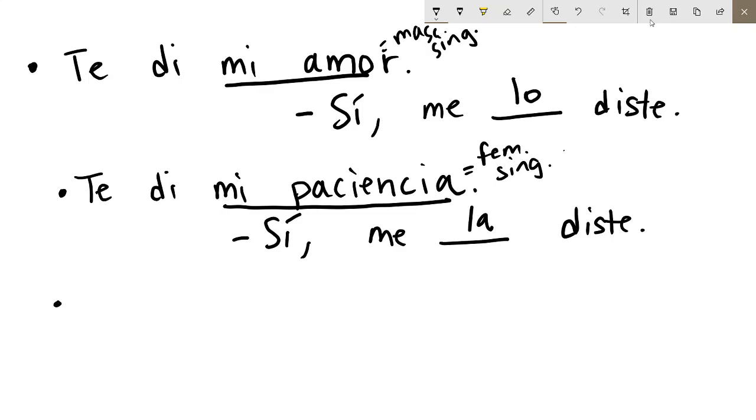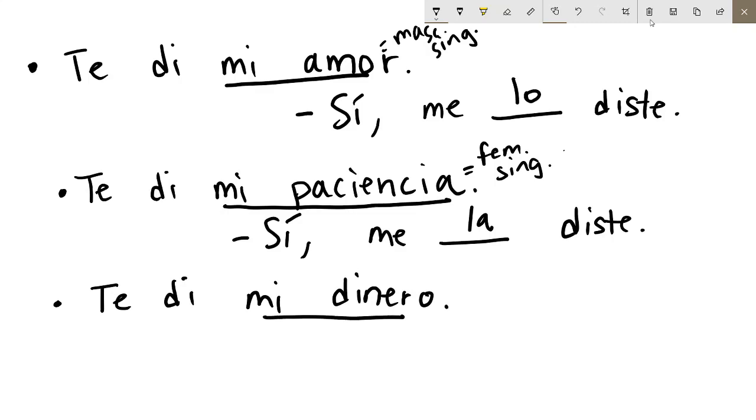So another one someone might say, te di mi dinero. I gave you my money. Te di mi dinero. Wow, some drama here. Masculine singular. Again. So let's say this person's saying, no, you didn't give me any money. What are you talking about?